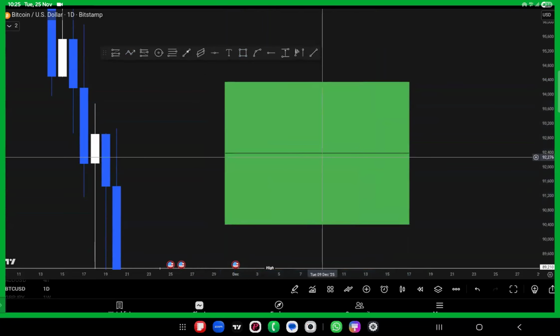Now, by including this middle line, I've done what? I've divided my chart into two.